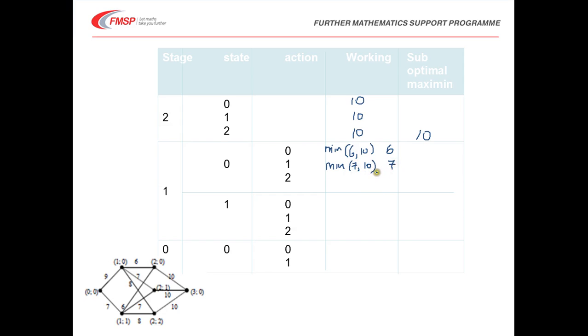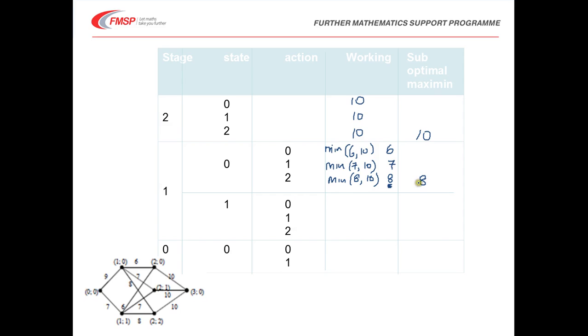So we'll take the minimum of that, which is 7. Or we might take action 2, which has a weight limit of 8, followed by 10, so the minimum of 8. So we're taking the minimum in each case, and what we want is the maximum of the minimums.